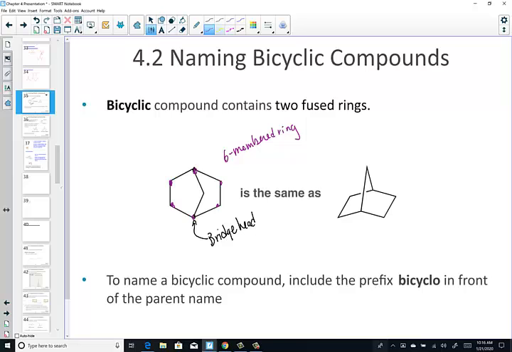However, the carbons that I could just highlight yellow here are also part of a second ring fused to the first ring. If you can envision that, these two bridgeheads are coming up to meet a carbon here and coming back down. So this is a bridge kind of coming up and back down to the bridgehead carbons.